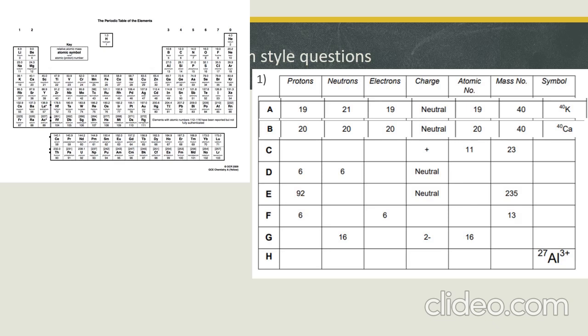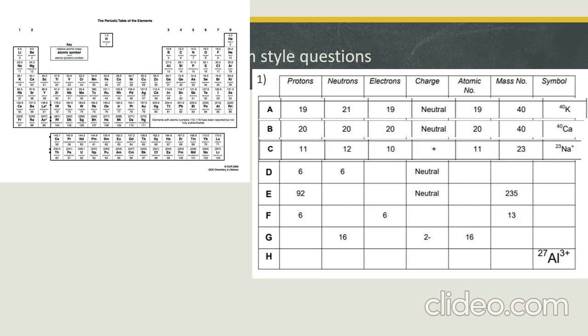So 11 minus 1 is 10. And for the symbol, you go and look at the periodic table. Atomic number of 11, sodium, Na, 23 on the top and plus on the right.